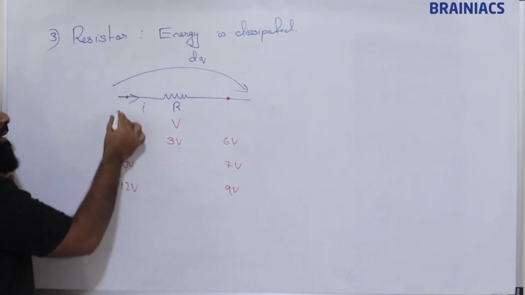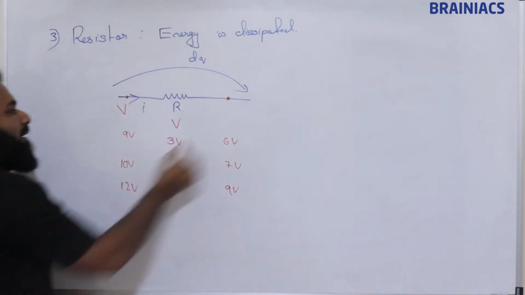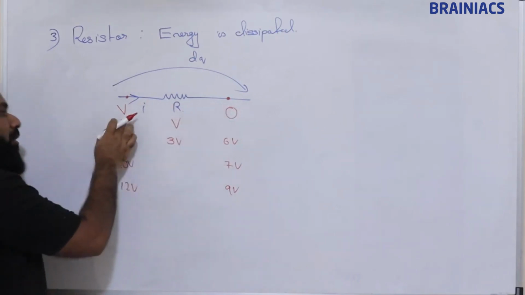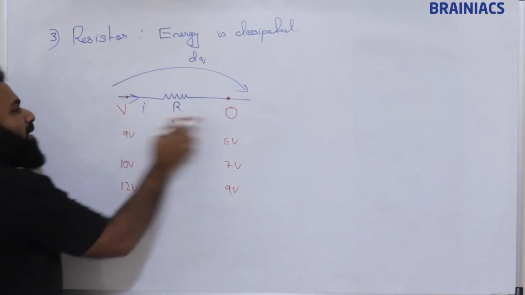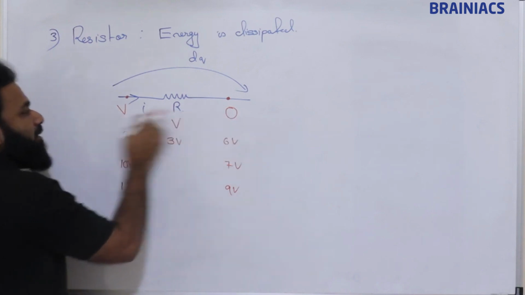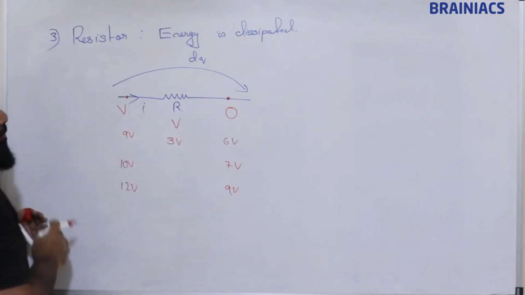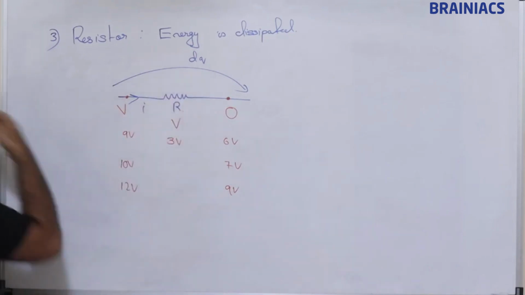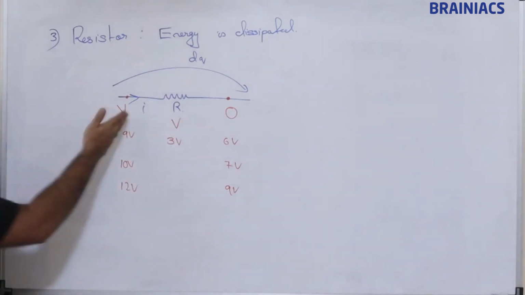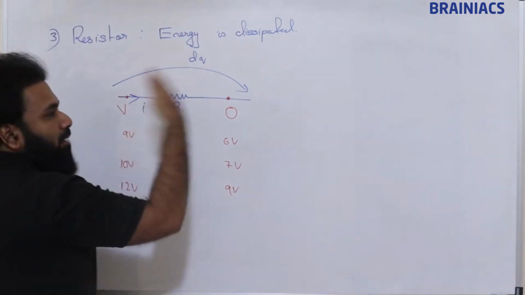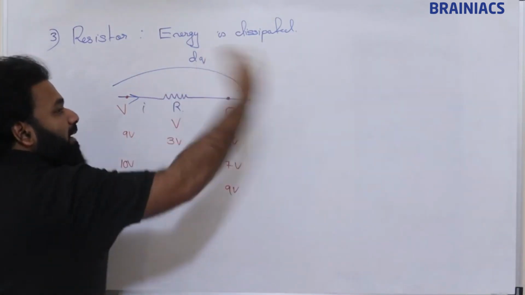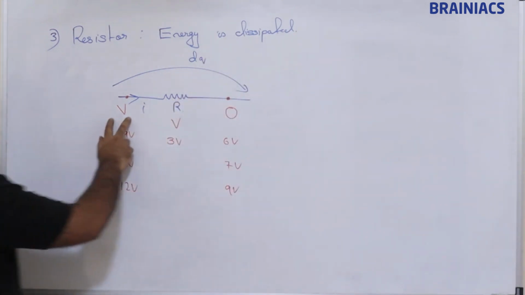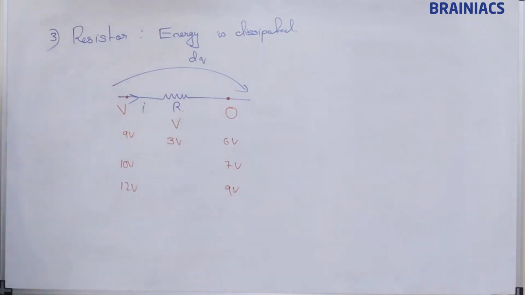So I can simply write V here and 0 here, meaning the potential difference between these 2 points is V. Just for our calculation purpose, nothing wrong in doing that. With this concept we have written VA minus E minus R minus VB is equal to 0, the same concept.